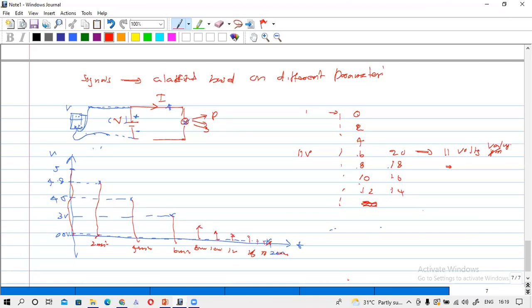So you can see that these voltage points can be counted, no?